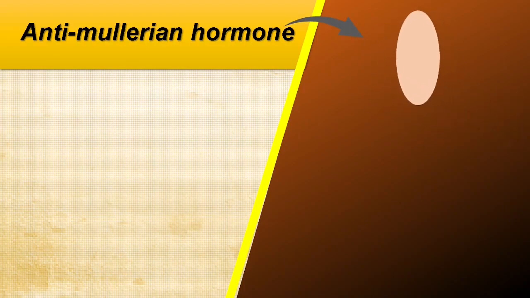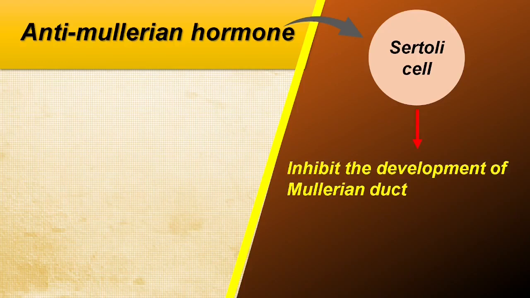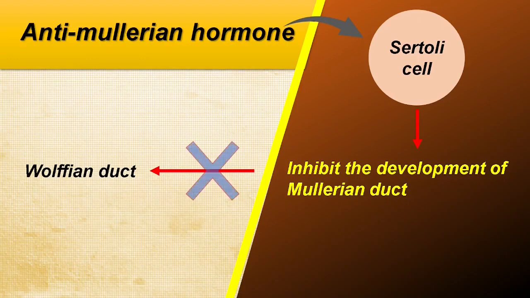Who produces the anti-Mullerian hormone? It is the Sertoli cell in male. And the important function of anti-Mullerian hormone is that it inhibits the Mullerian duct. So if the Mullerian duct is inhibited, we may think that the Wolffian duct will develop automatically, but actually it is not so.